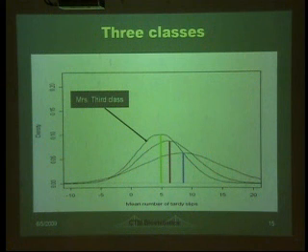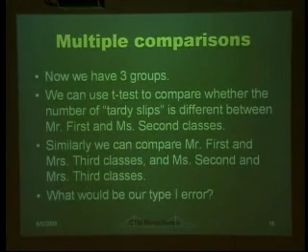When there is smaller variability, we have a tighter distribution around our mean. You remember this was Mr. First's class, and this is Miss Second's class. Miss Second's class was associated with higher variability. Now, what problems do we have with a T-test?